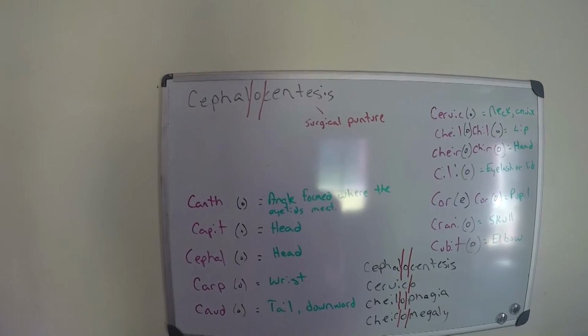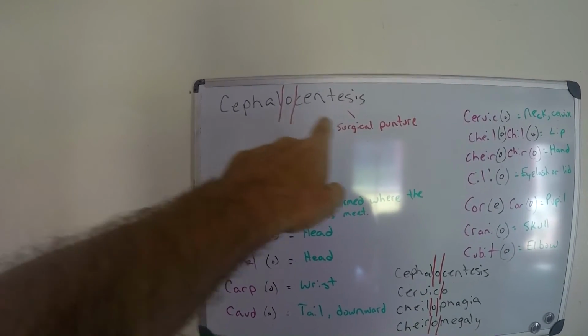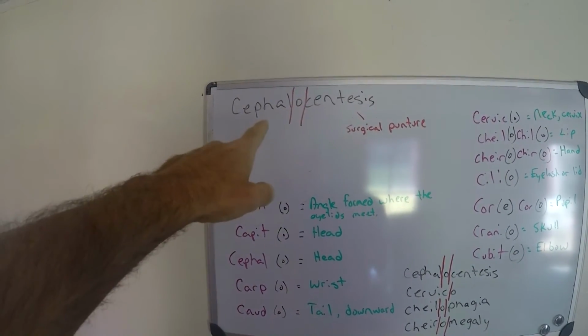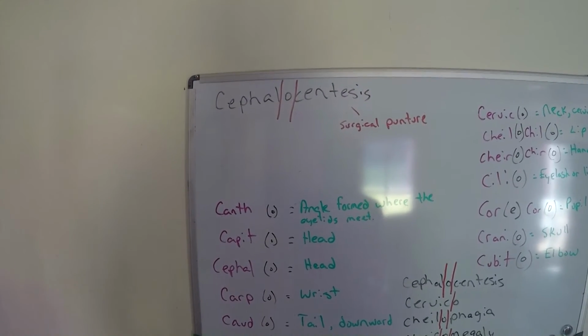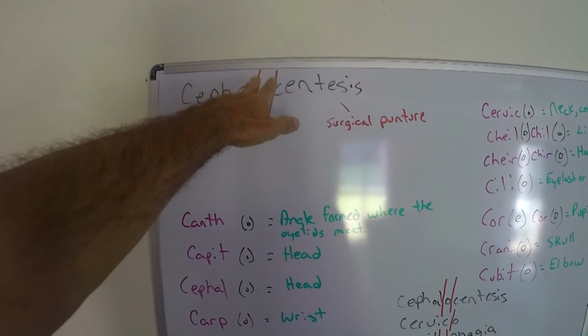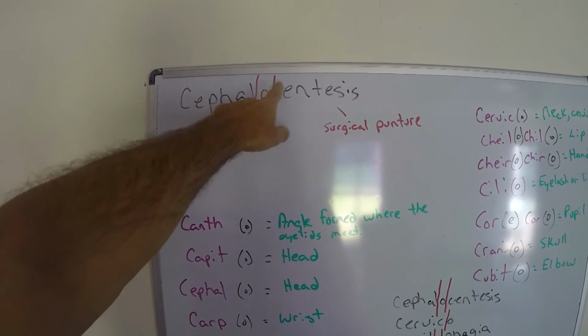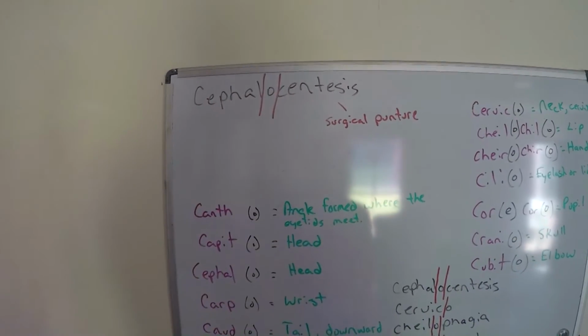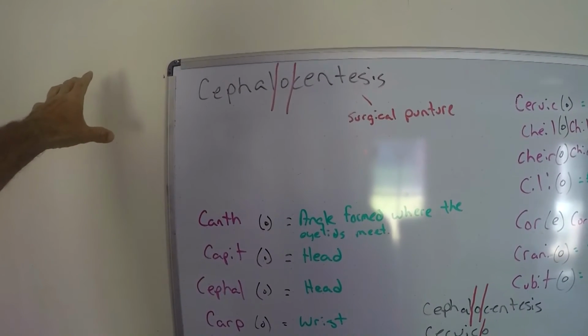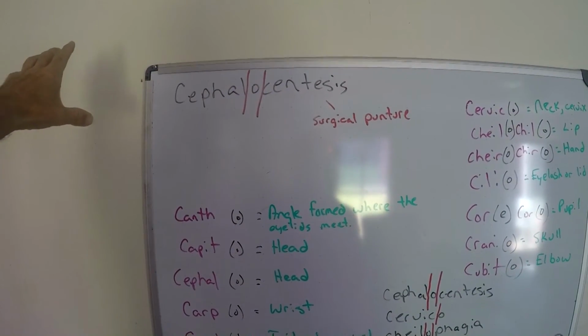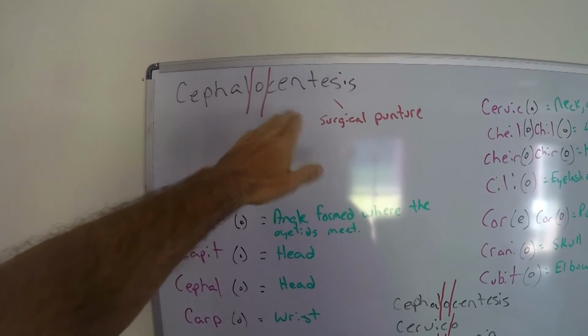All right, let's take a look at this word, cephalocentesis. I broke it up in the root word, combining vowel, and suffix. All right, this does not have a prefix. So let's look at the suffix first. Centesis.